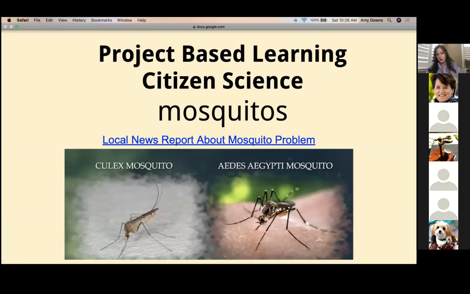And both of these mosquitoes are invasive to our area. And teaching kids about mosquitoes and what they can do, a call to action on why it's important to eliminate environments around your home where mosquitoes breed is really important.